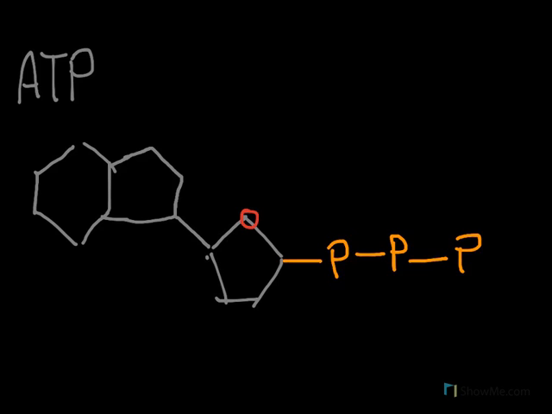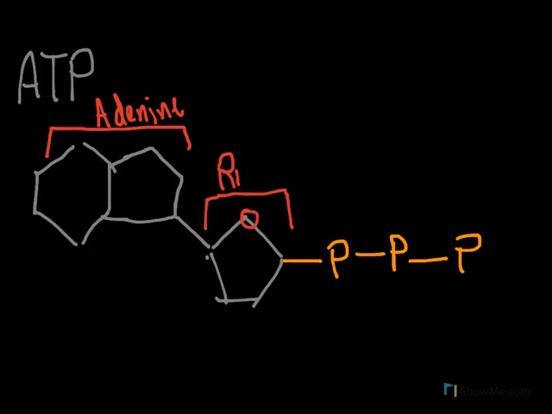So what do we have here? We have a simple molecular formula of adenosine triphosphate. Basically what you need to know is that this portion of it is called an adenine molecule. And from here to here is your ribose, which is a sugar.